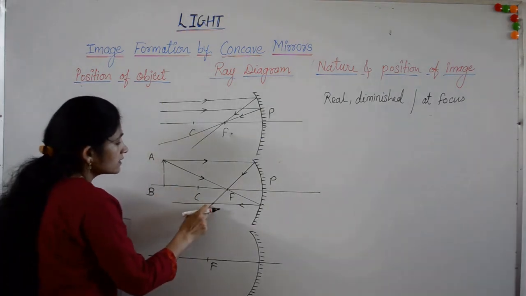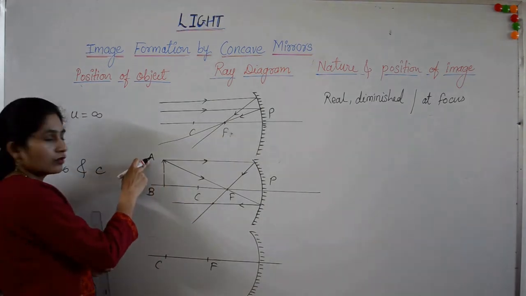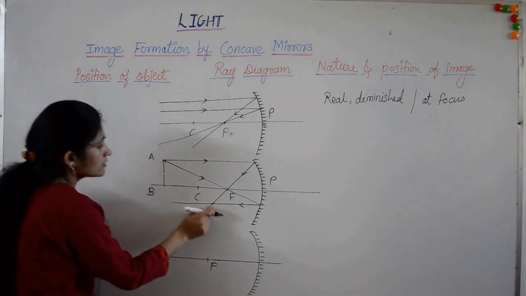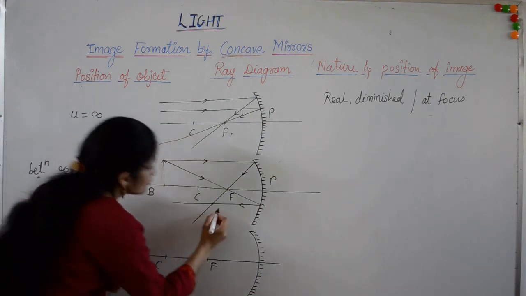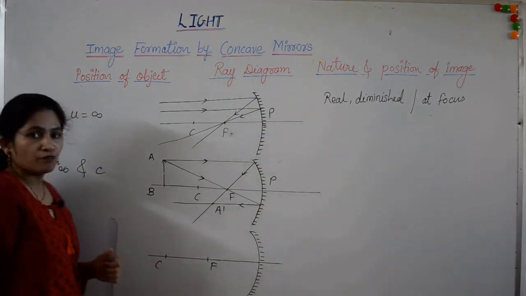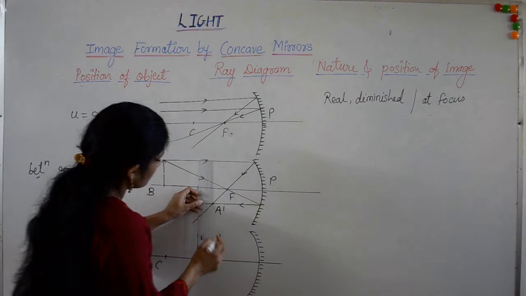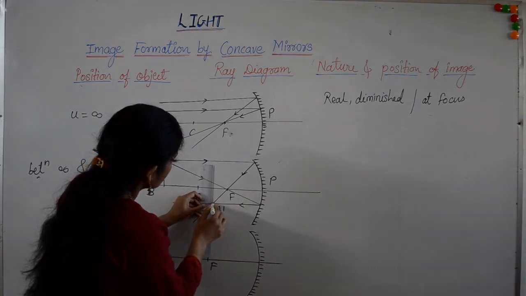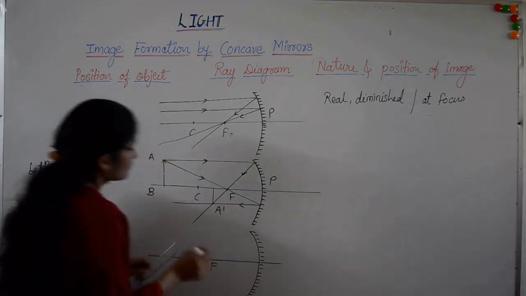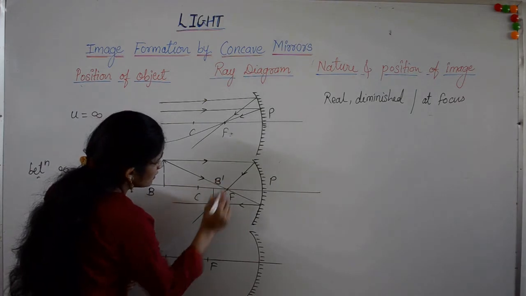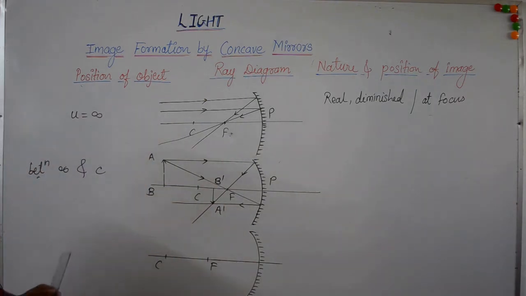It means that this is the image of A. AB is the object and this is the image of point A. So we will denote it as A dash. Now we have to draw a perpendicular on the principal axis. We can write it as A dash B dash.